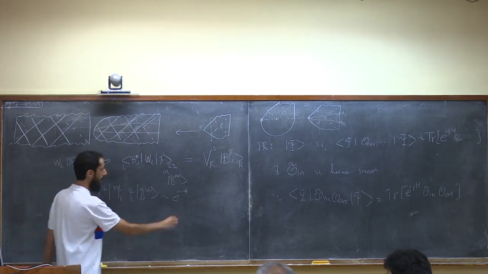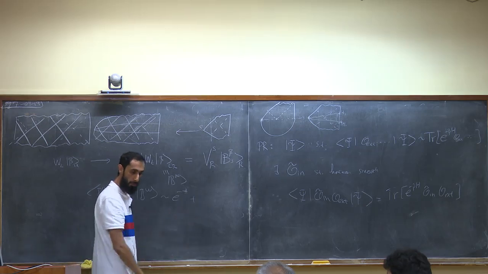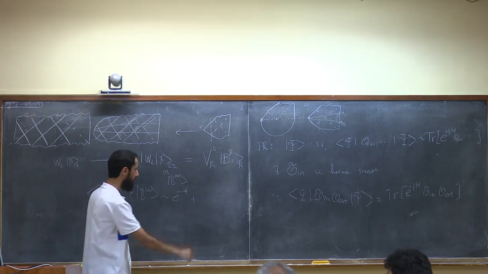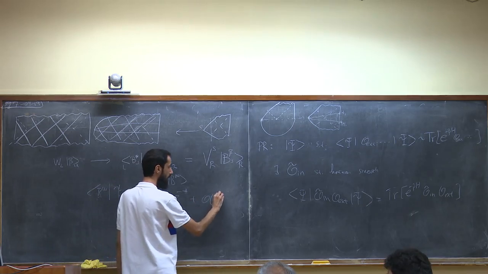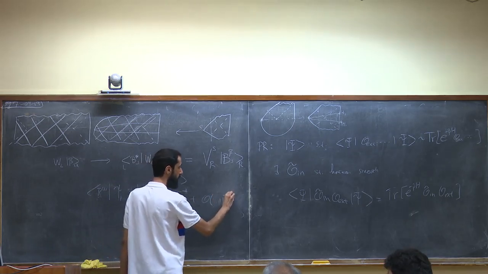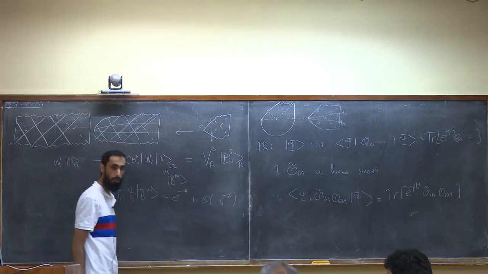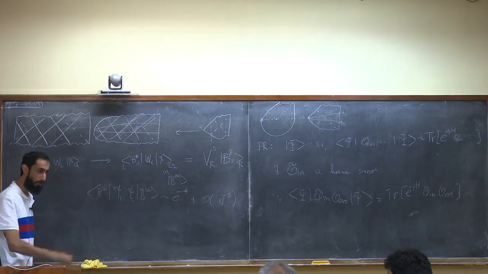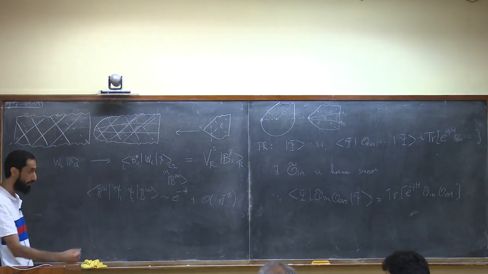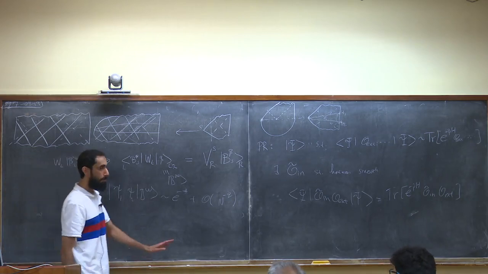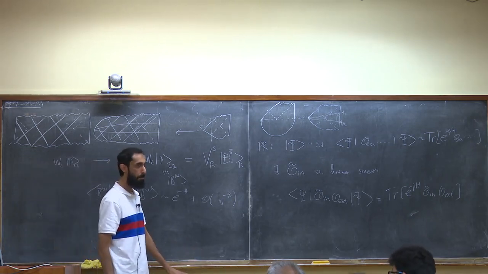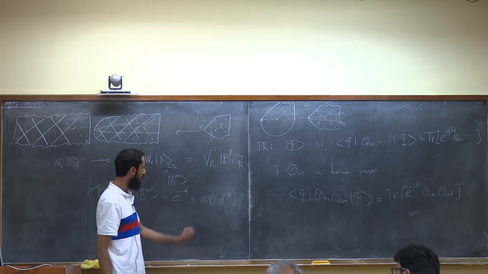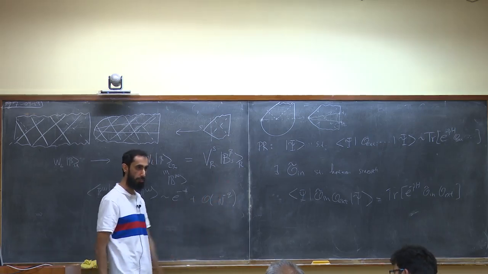I should say that all my statements are up to some correction, which goes as order n to the minus q, where q is the SYK q, the number of fermions in the Hamiltonian interaction. So that's the measure of the non-flip invariance. Exactly. But let me work with q very large.